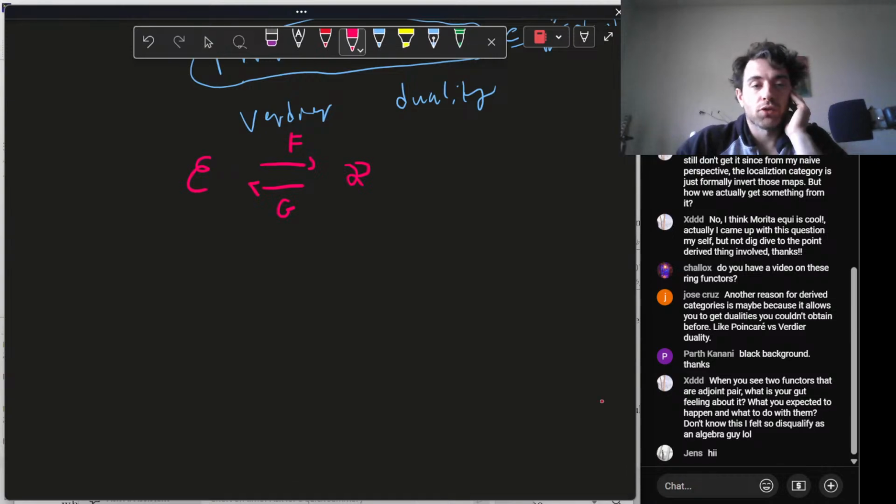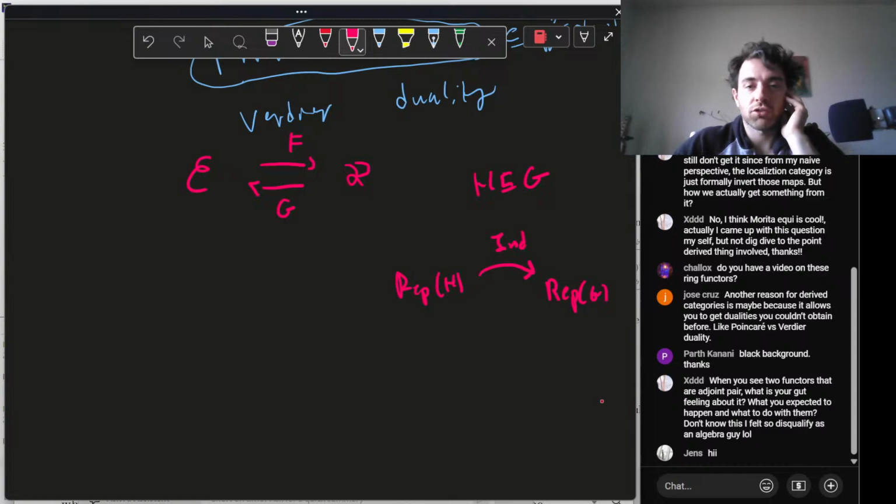So, for one example, if H is a subgroup of G, let's just say a finite group, then we have an adjoint pair between the categories of representations, where we have our induction functor taking us from representations of H to G and our restriction functor, right?